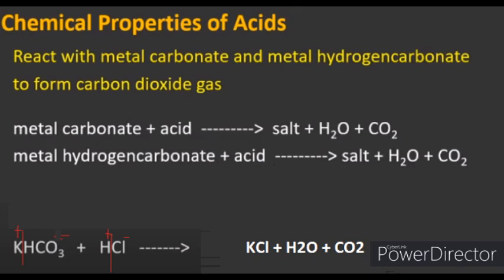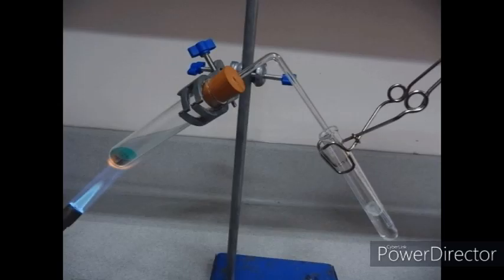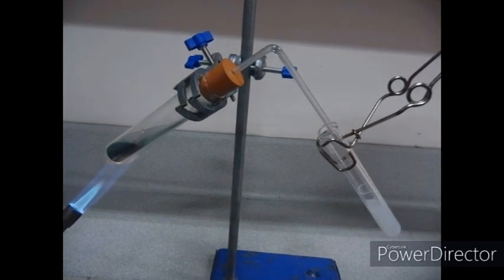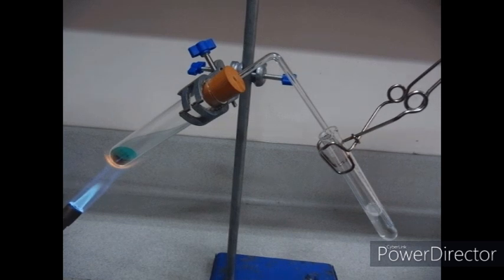Now again double displacement will occur in which chlorine ion will move toward potassium, and we are left with hydrogen carbonate which breaks down into water and carbon dioxide. So this is how the milky appearance will form when metal carbonate or metal hydrogen carbonate reacts with acids.